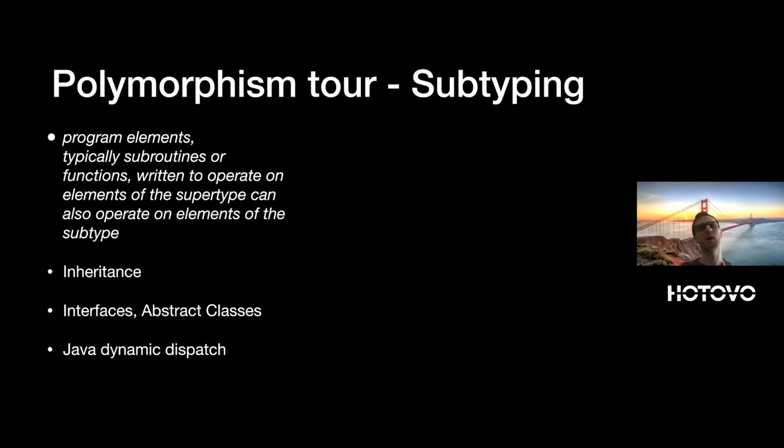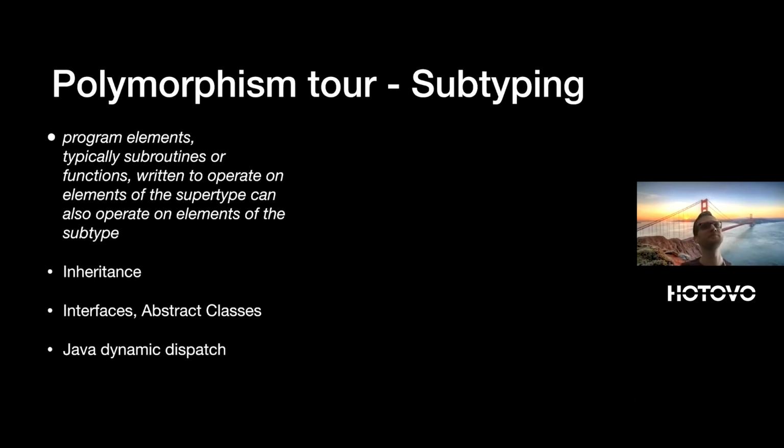The most common one, if someone thinks about what polymorphism is, then probably people coming from an object-oriented programming background would think about subtyping polymorphism.